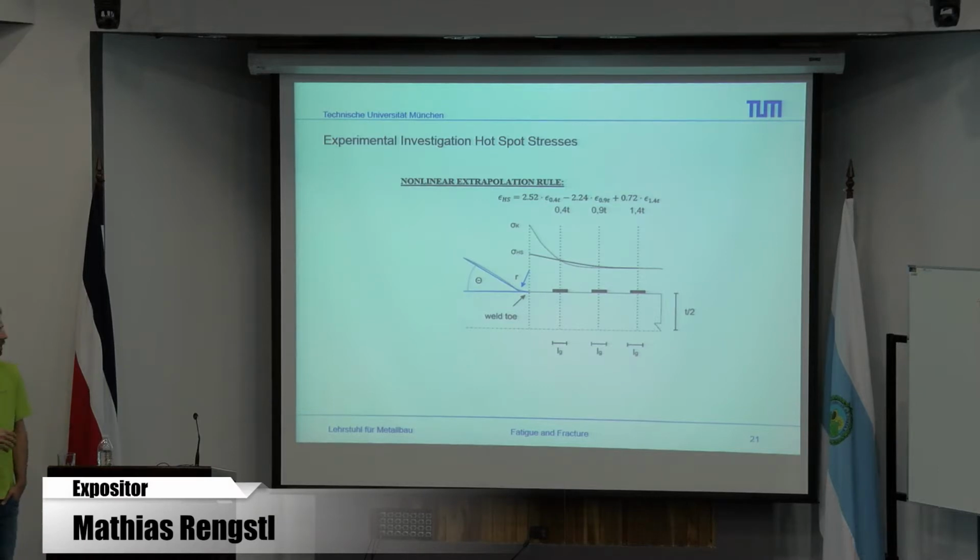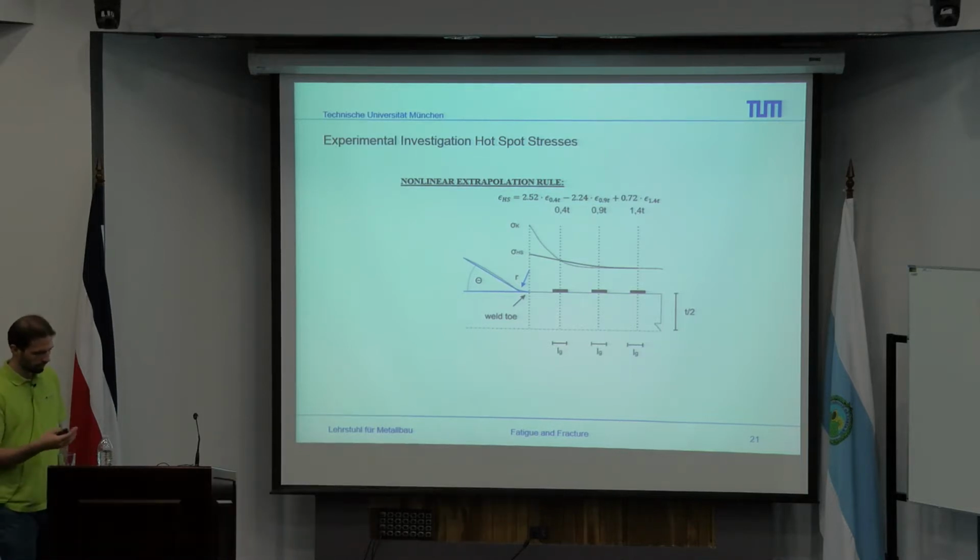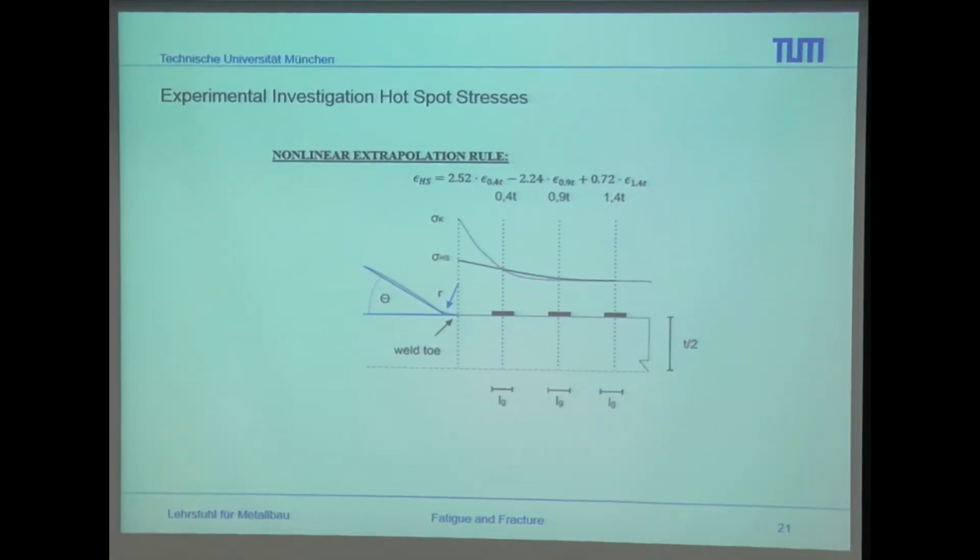And therefore, I would say, there is the experience or the idea to transfer this to simple plate structures, where you can say, okay, the plate structure at the end is connected, for example, rectangularly or with an angle between. And so with this information, you can give some more information for your welded part and the fatigue assessment.